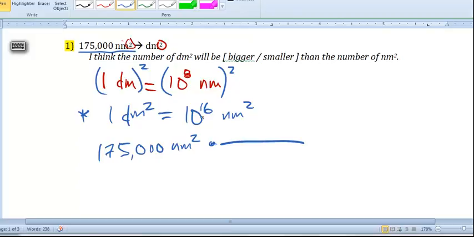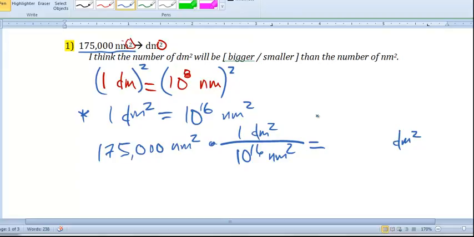We want decimeters squared in the answer, so what that means is we need to put the decimeters on top. And don't forget, what we want as far as units goes on top, and what we're trying to cancel out goes on the bottom.